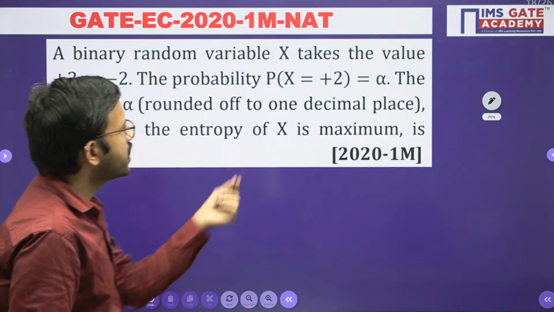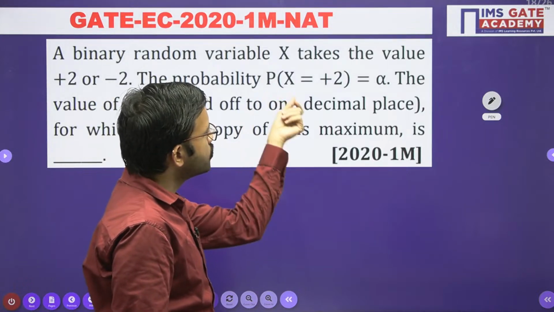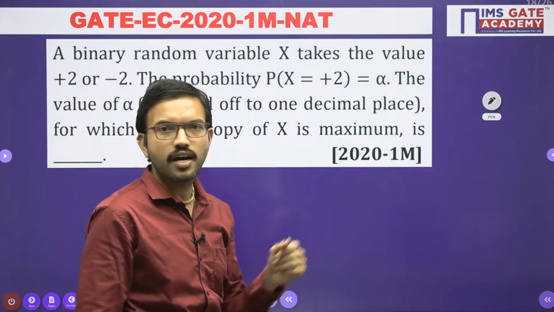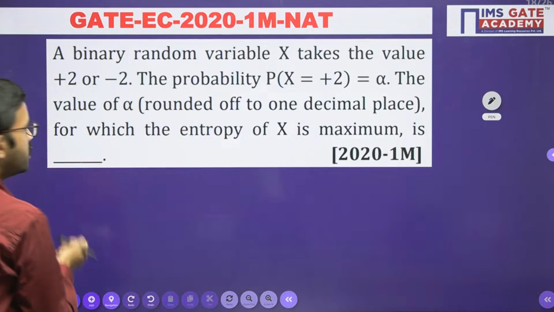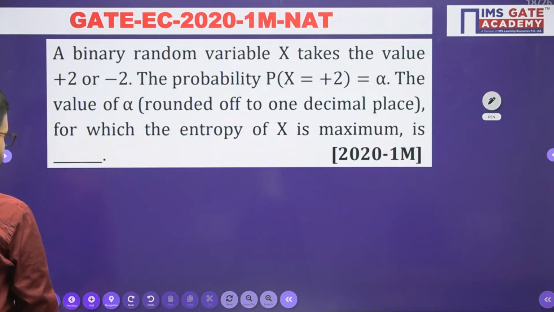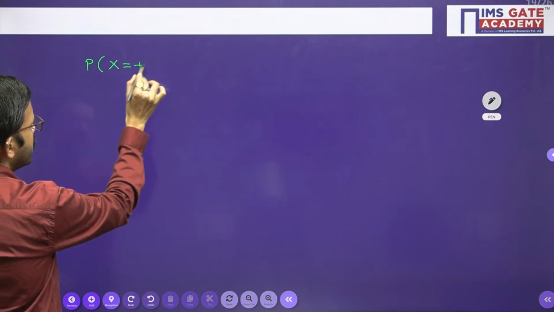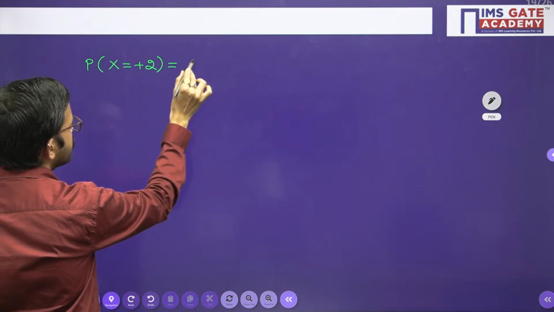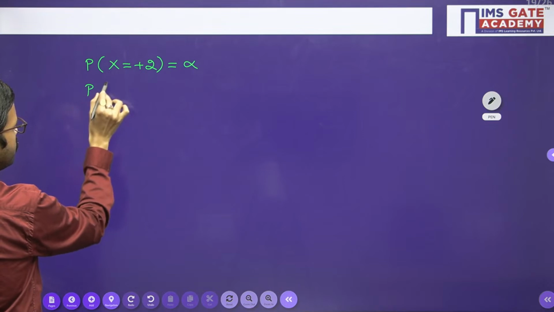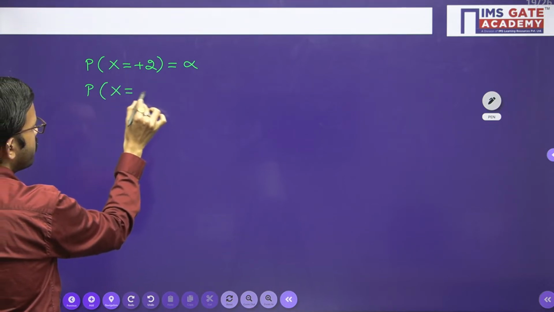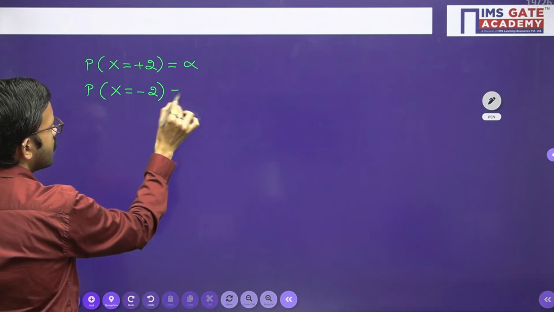Regarding the probability, in order to get +2, they have mentioned it is alpha, right? So the probability of x equal to +2 is alpha. Then what will be the probability for getting x equal to -2? All of you please respond.